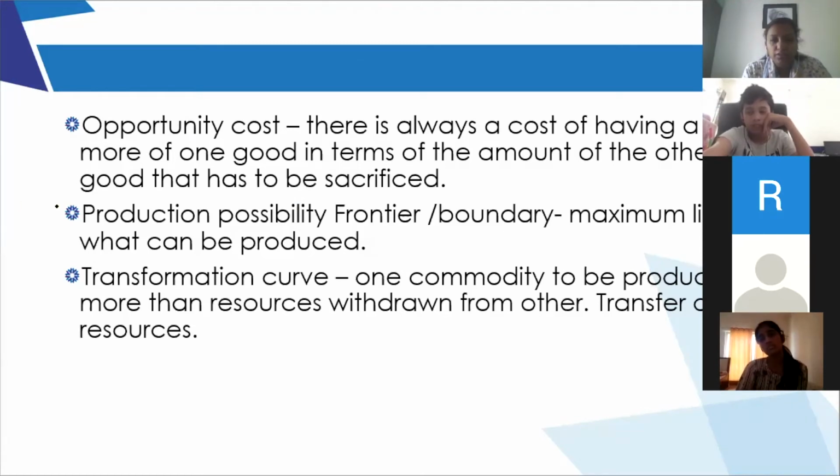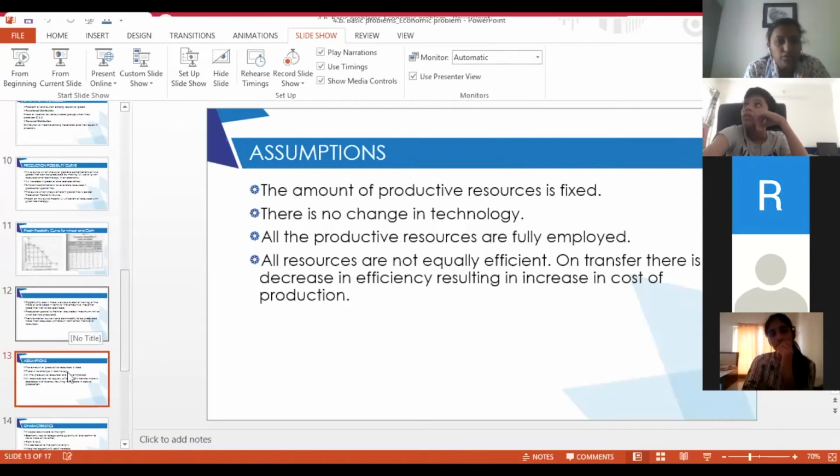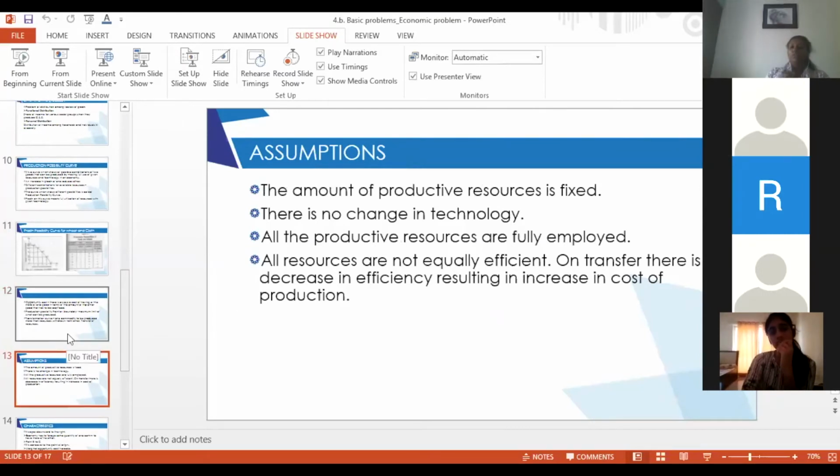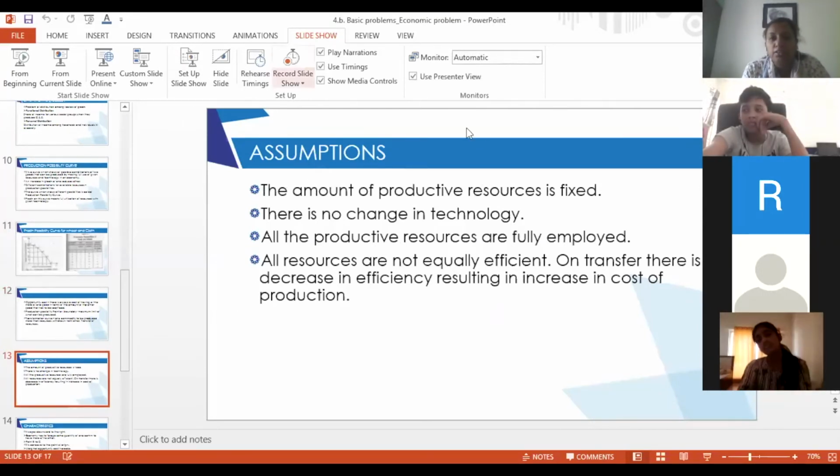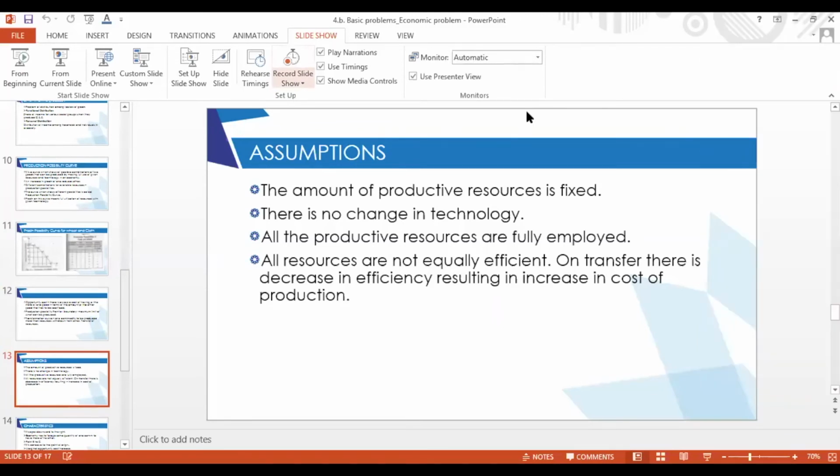Now we will see the central problems that we have studied in relation to the production possibility frontier. Opportunity cost I have taught you. Assumptions, I have already told you the assumptions that we take in a production possibility curve. First, there will be no change in technology; the technology will be constant. Second, the amount of productive resources is fixed, because if we manage to increase our resources, then production can increase.